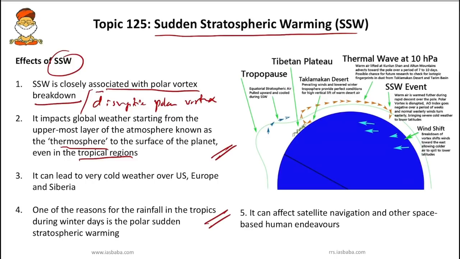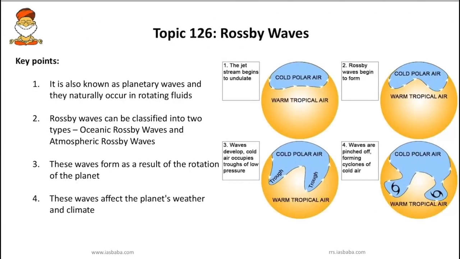Even though the distance between the southern tip of Tamil Nadu and the Arctic polar vortex is very far, around 7,800 kilometers, scientists are saying there is a relationship and an impact on the weather conditions of southern Tamil Nadu or even on the monsoon. Many recent research studies have concluded there is a strong connection between sudden stratospheric warming and extensive changes throughout the Earth's atmosphere. That's the reason this topic is important.